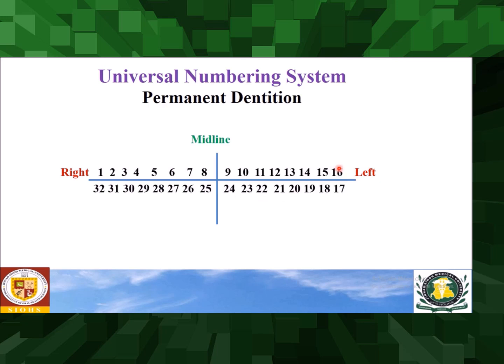The numbering for the mandibular arch starts from the left side and starts from number 17. The numbers go in a clockwise direction, from 17 for the lower left third molar till 32 for the lower right third molar.